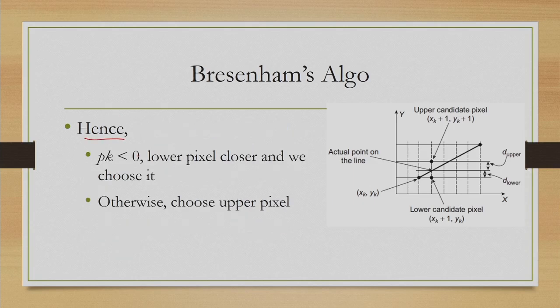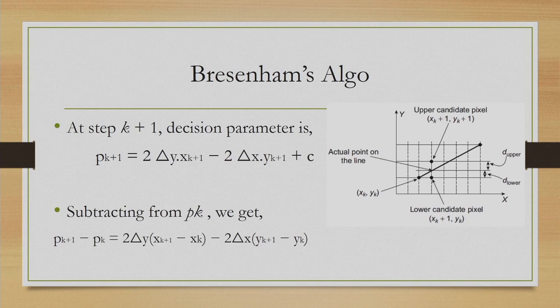Thus, if pk is less than 0, then this lower pixel is closer to the line and we choose it, otherwise we choose the upper pixel. So, that is at step k.